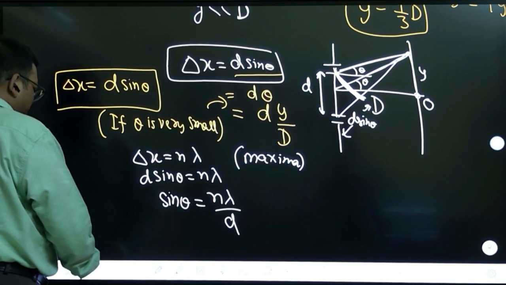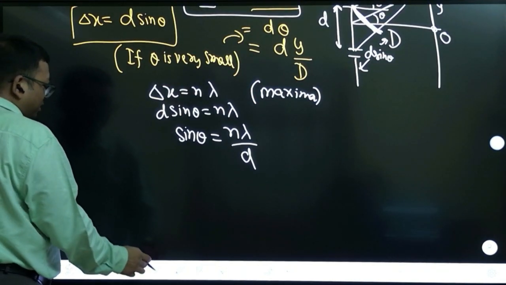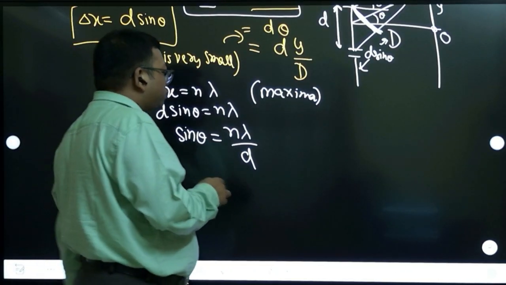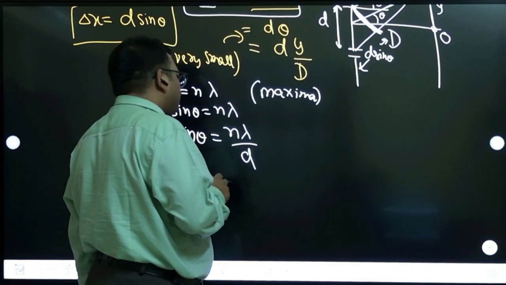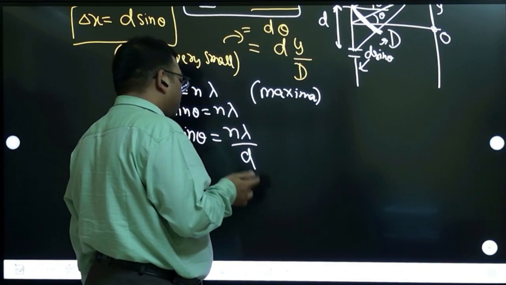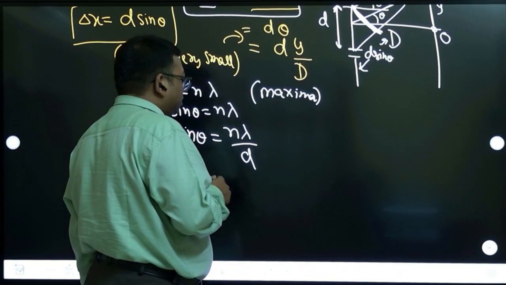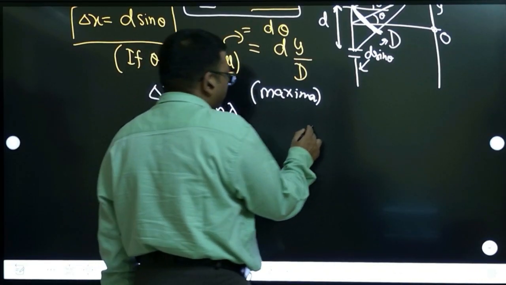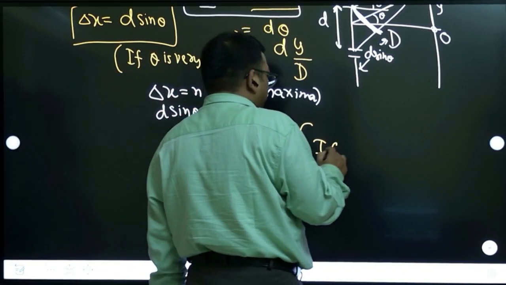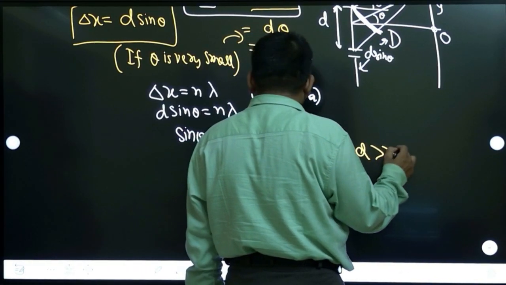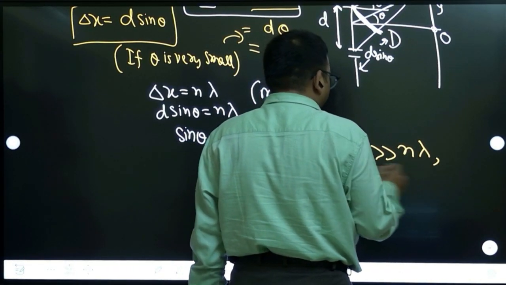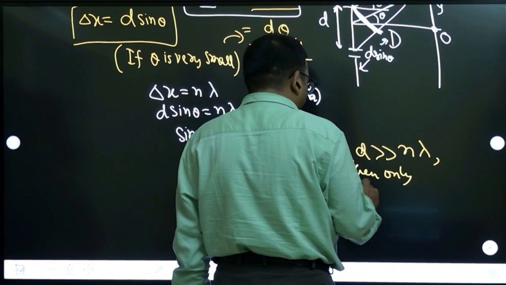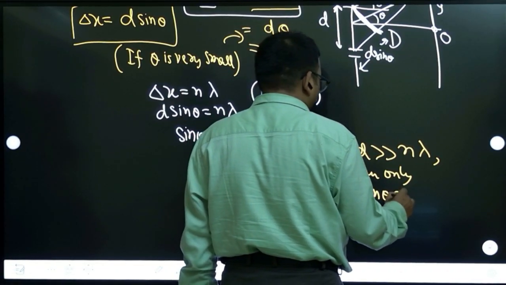Now I think here is where many problems are coming, right? The main problem is coming here only. So d should not be in terms of lambda, like 3 lambda, 4 lambda. Small d must be much larger than n lambda. That is the condition you can apply. If small d is much larger than n lambda, then only sine theta can be written as theta.